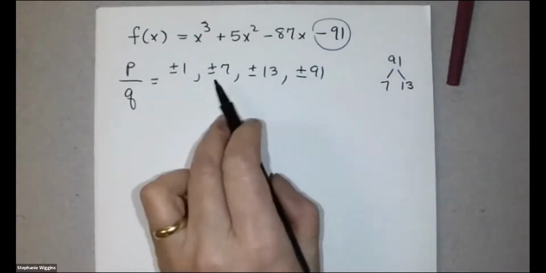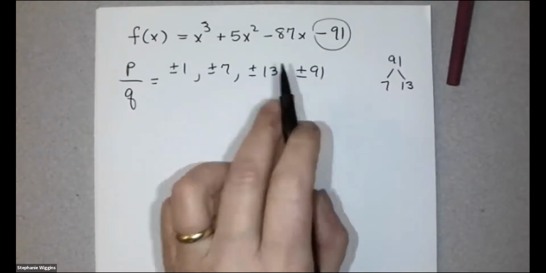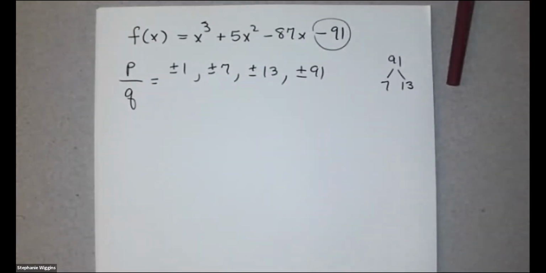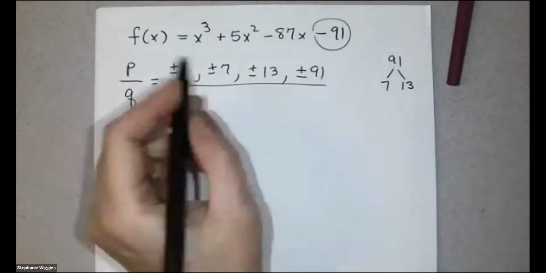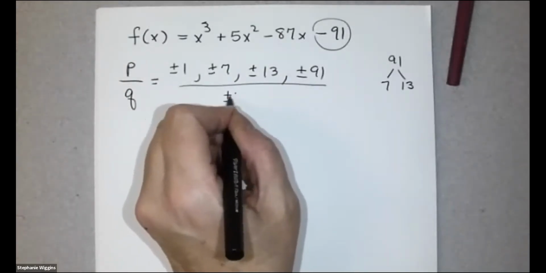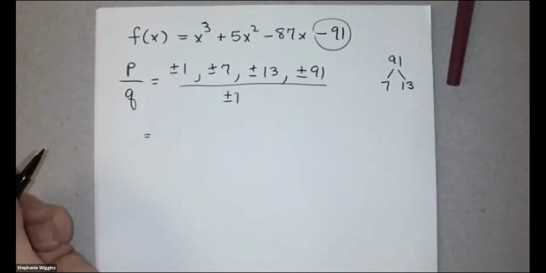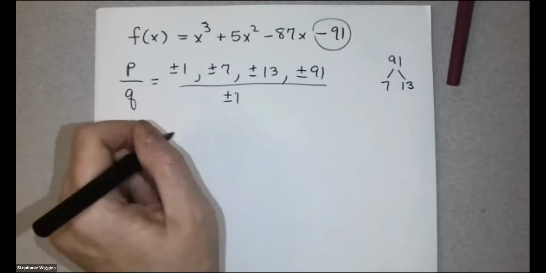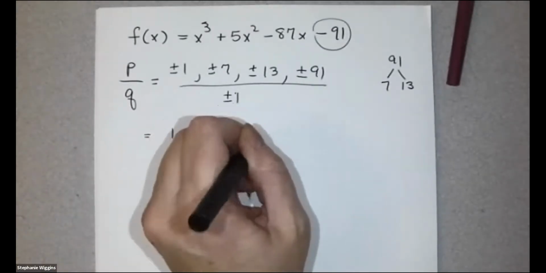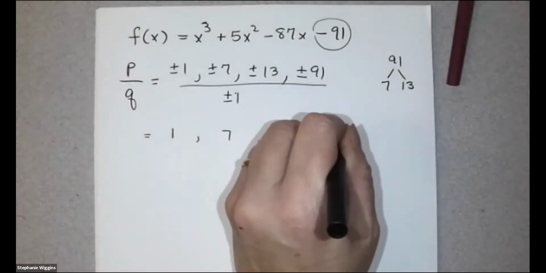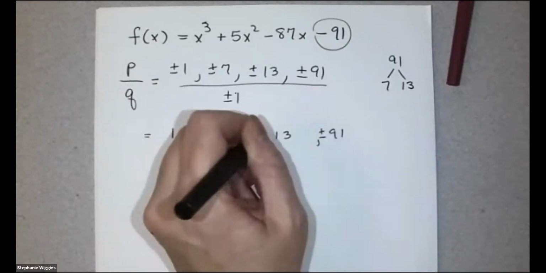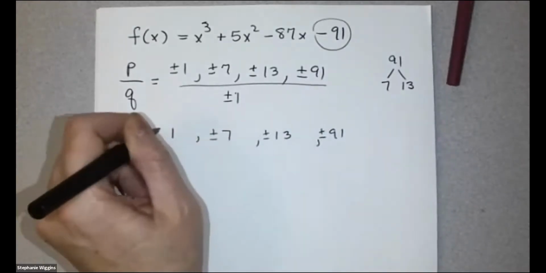Okay, basically you're going to have all the prime factors, and then all the multiples, different possibilities of multiplying them. So your possible rational zeros are 1, 7, 13, 91, along with the plus and negative.